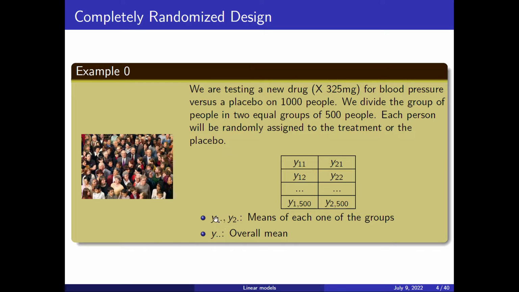So we would have the observation for group 1, and since we don't care about the person, we use a dot. So we have the mean of 1 dot, the mean of 2 dot, meaning that we don't care about the people. And if we don't care about the people and the groups, we have the overall mean, averaging over all the 1,000 people. So we will have y dot dot.